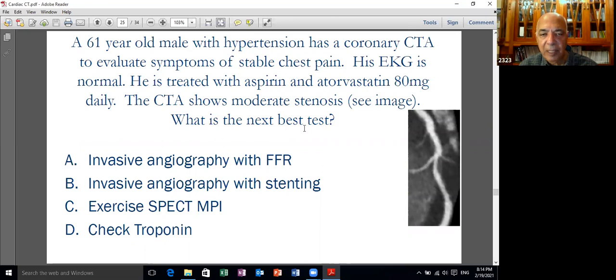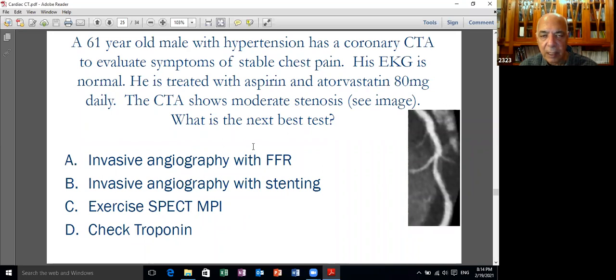So what's the best next test? Is it invasive angiography with FFR, invasive angiography with stenting, exercise SPECT MPI, or check troponin? The correct answer here is C. You can argue that the correct answer here is E.